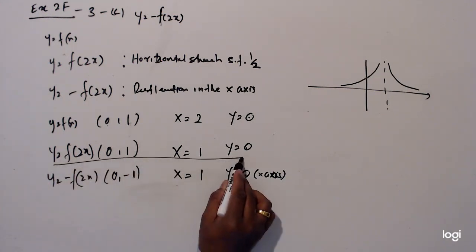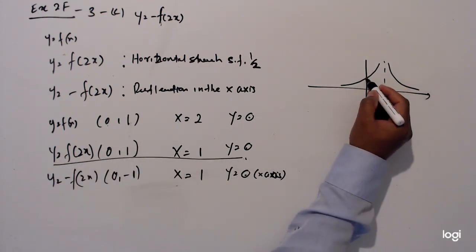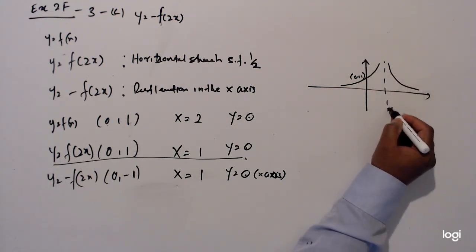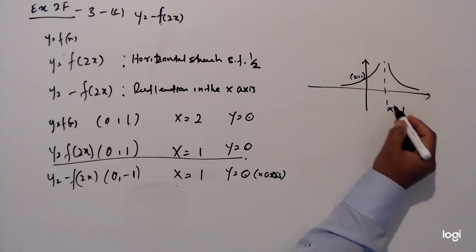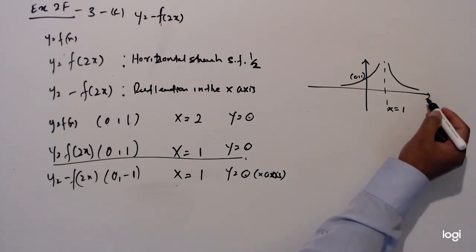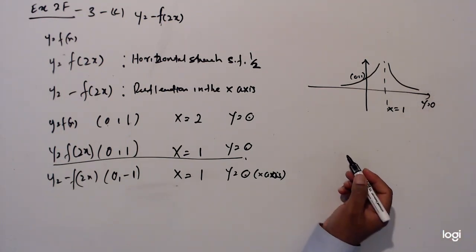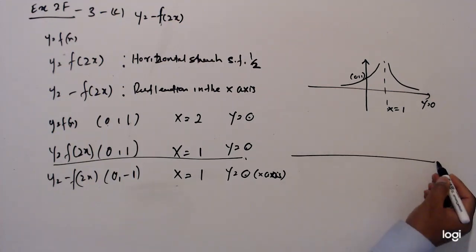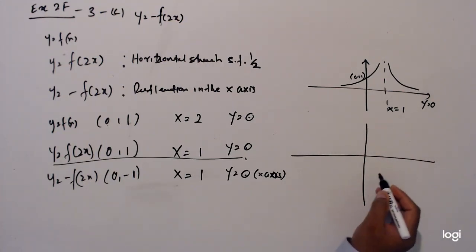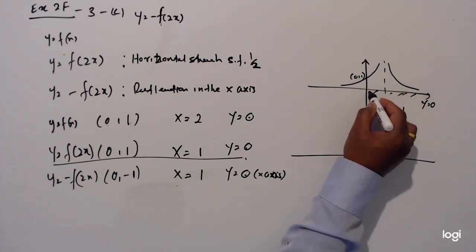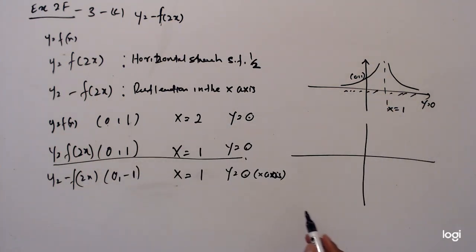This is this one, 0 1, and this is x equal 1. No more x equal 2. y equal 0 as it is. Now what will happen? The mirror reflection of x-axis.